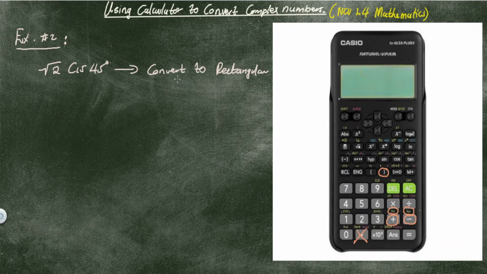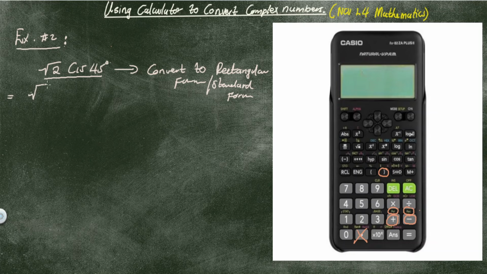A rectangular form or standard form. Okay, so manually how do we do this? First I'm going to show you how to do it without using a calculator. Then I'm going to show you how to do it using a calculator afterwards.